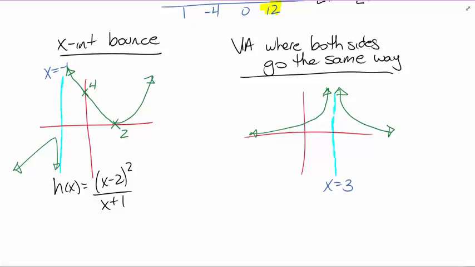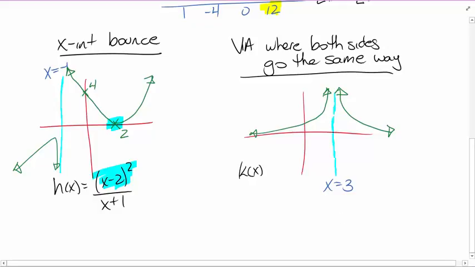But the key feature that I really want us taking out of this is the bounce at positive 2 and the fact that we have the duplicate root, the double root, in the numerator. So what's that look like over here on the right? We'll call this function f of x, which equals 1 over x minus 3 squared.